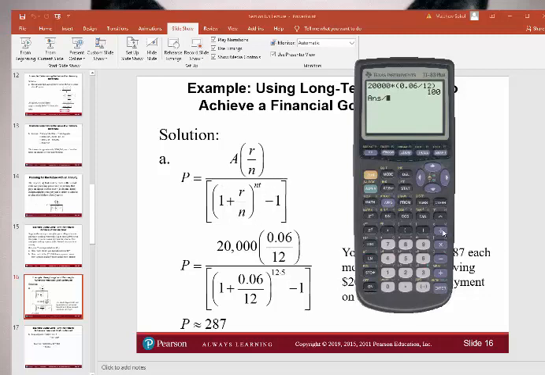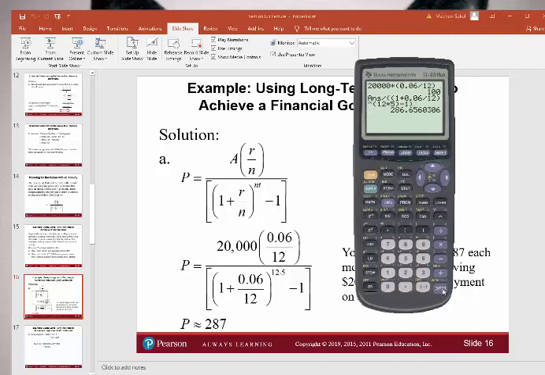So divide it by, start the big set of parentheses, the small set, 1 plus 0.06 divided by 12, close that parentheses. But I'm going to have to raise that, another set of parentheses, to the 12 times 5. Close that parentheses, minus 1. And then finally close the last set of parentheses.